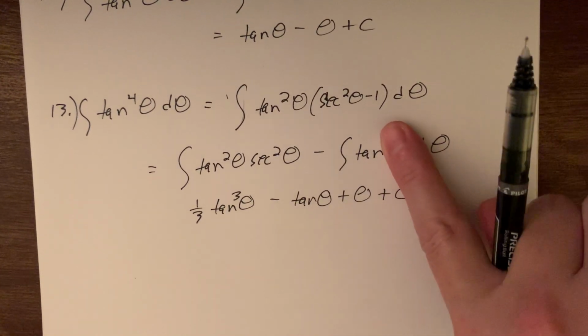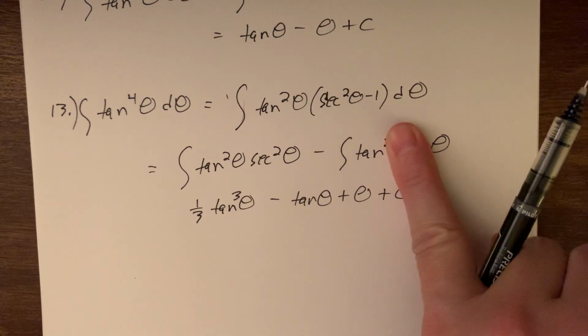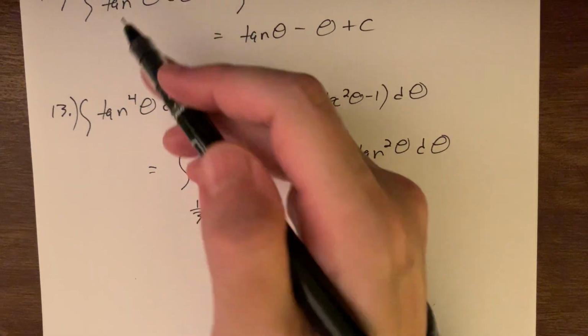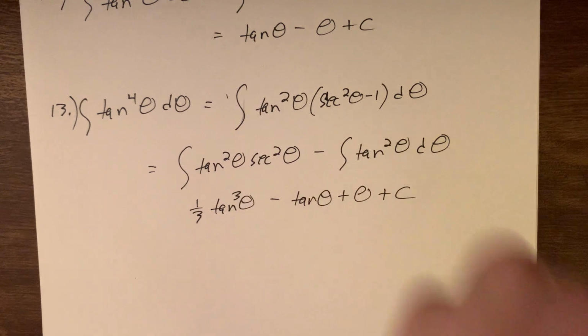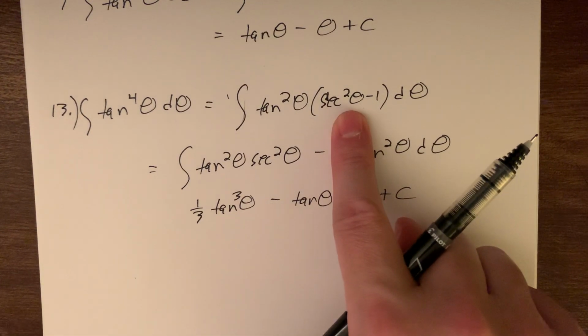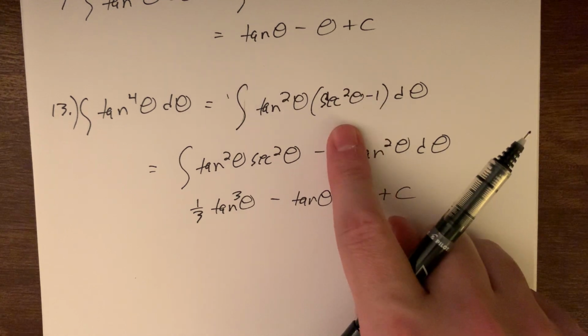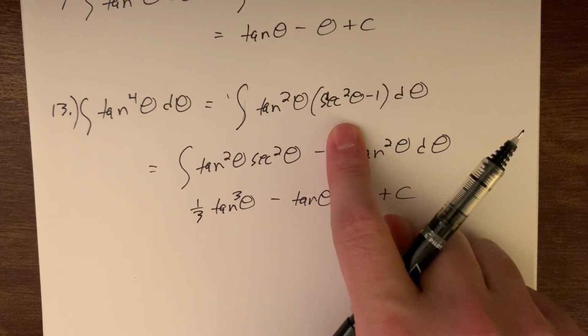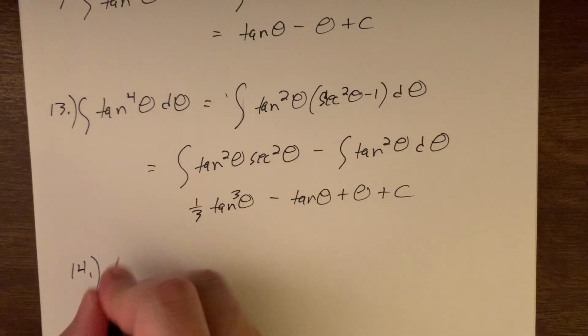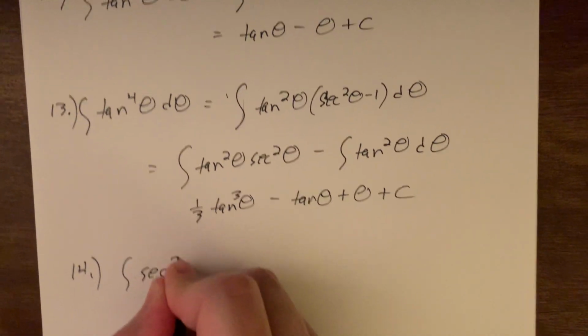It wouldn't be tangent squared, it would just be a tangent. And that would be a known antiderivative. So tangent squared, tangent cubed, tangent to the 4th power. The key to any one of those is to take 2 of those tangents and to use the identity to manipulate. Okay, last one. And we're going to end with a tough one, everybody.